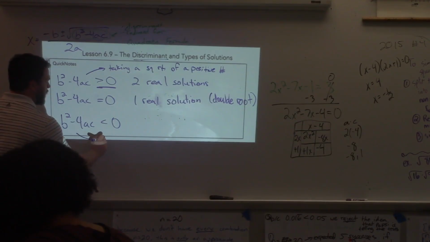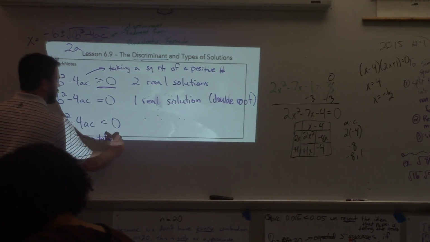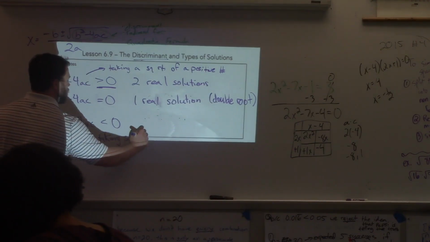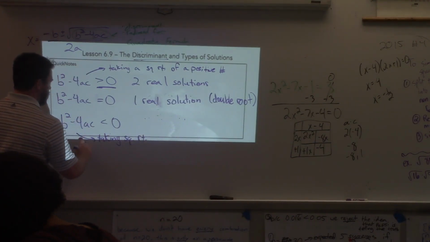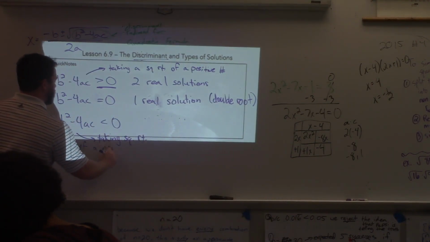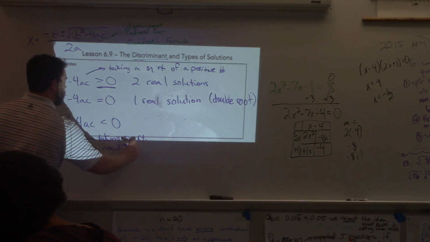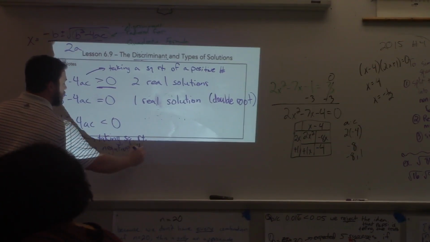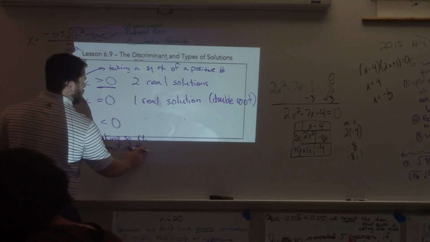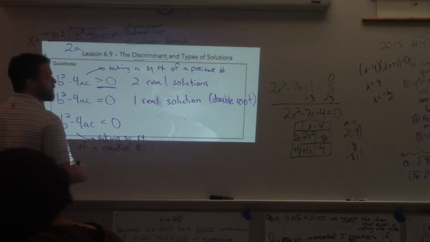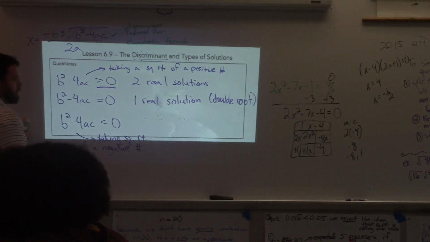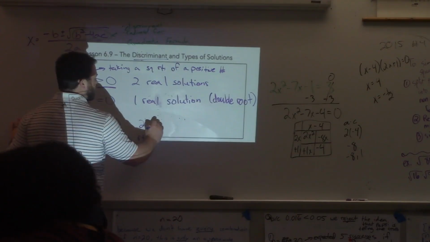Taking the square root of a negative number. So how many solutions or what type of solutions did we have? Two imaginary.